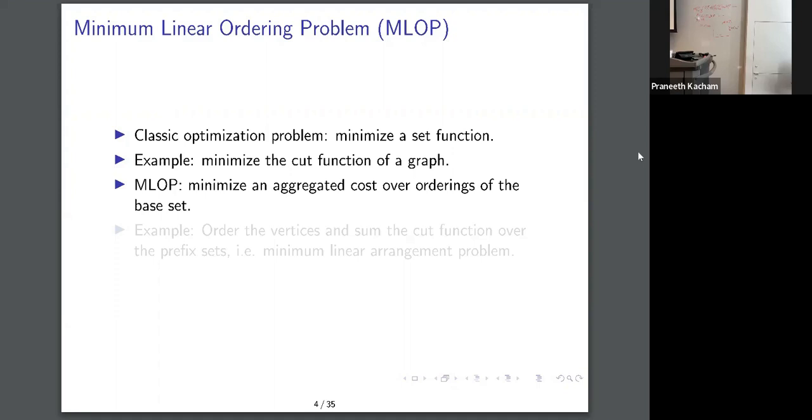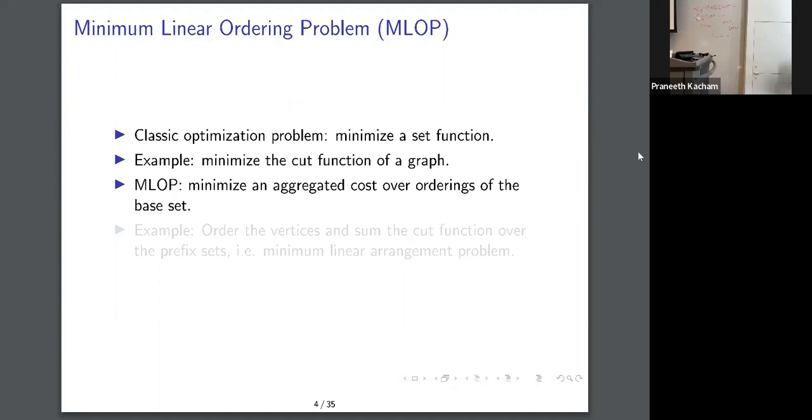So this is a very famous problem known as minimum linear arrangement. Why? Because each edge is going to contribute the absolute value of the difference between its endpoints. For example, if an edge is between this vertex and this vertex, it's going to contribute to all these cuts.